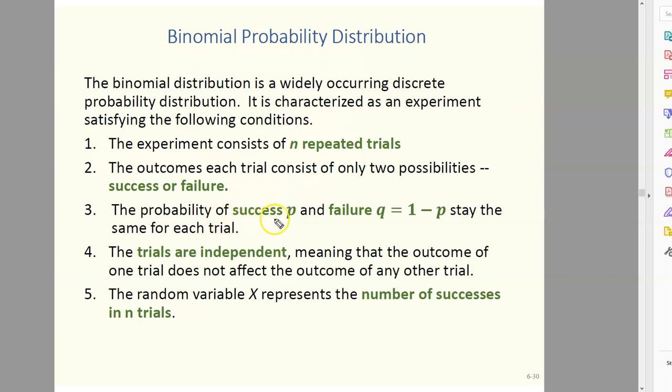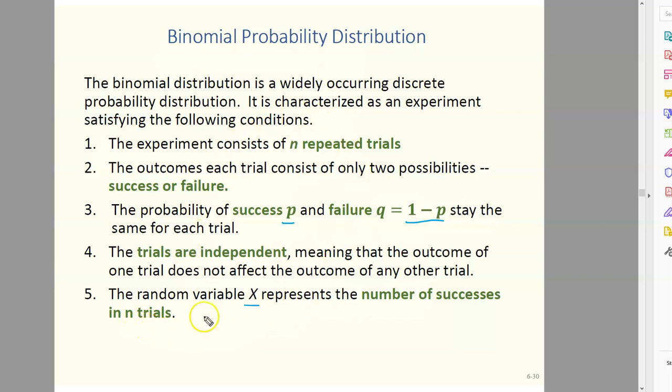Also, the probability of success, call it p, and the probability of failure, which is going to be 1 minus p, must stay the same for each trial. The trials must also be independent, meaning that the outcome of one trial doesn't affect the outcome of any other trial. And the random variable x that we use will represent the number of successes in the n trials.